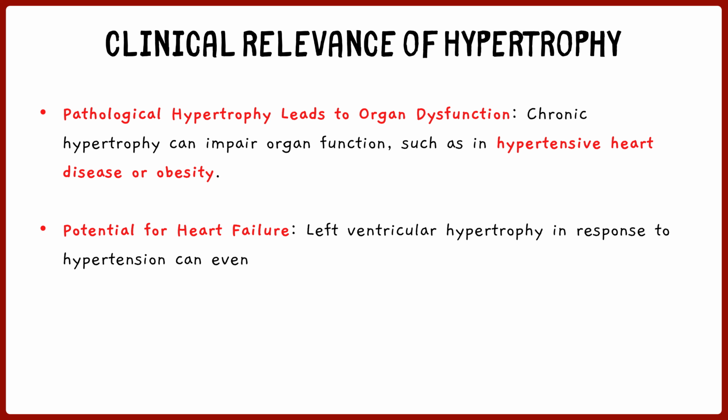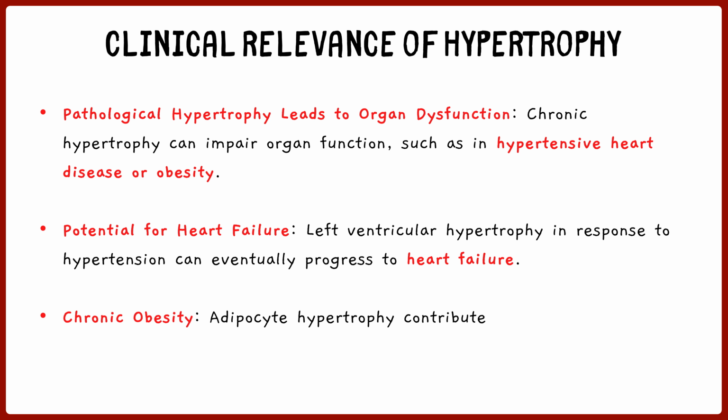Again, also the potential for heart failure. So when the left ventricle hypertrophy occurs in response to hypertension, it can eventually progress to heart failure. Why? Because the heart is not able to keep up, and the heart is now stiff and inefficient, and therefore it leads to heart failure. Also, chronic obesity.